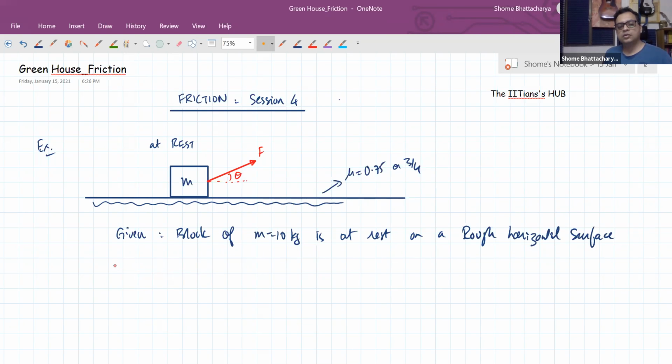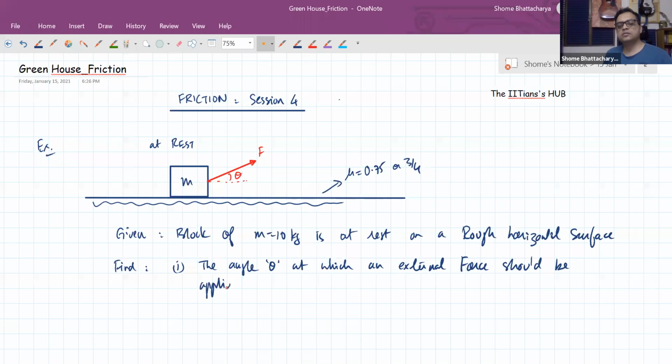Now we want to find the angle theta at which an external force should be applied such that the minimum magnitude of force is required to move the block.